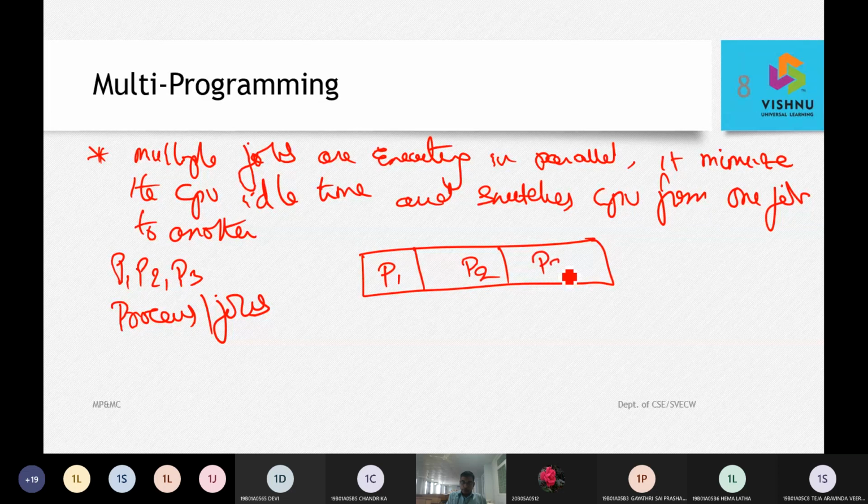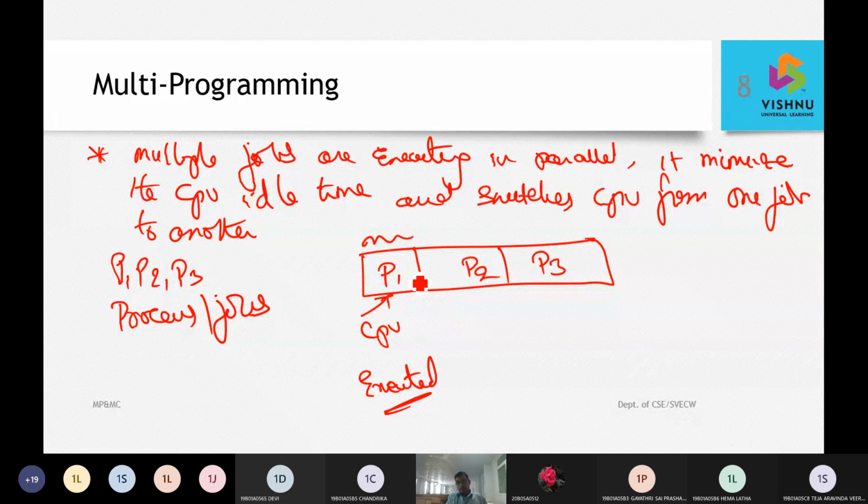P1, P2 and P3. So when P1 is taken up, the CPU is allotted to the process P1, and when the process is getting executed, obviously it completes.